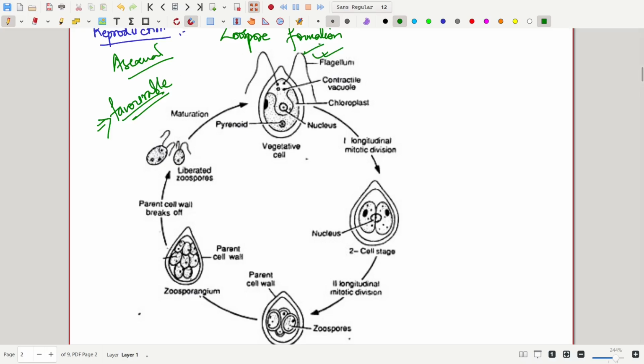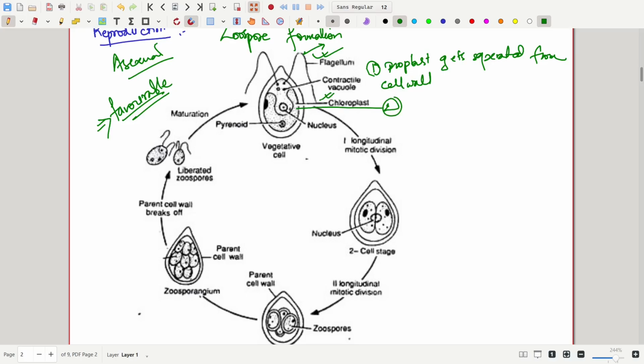The flagella here gets contracted, eventually it gets disappeared, and the protoplast gets separated from the cell wall. This is the first event that happens in this.